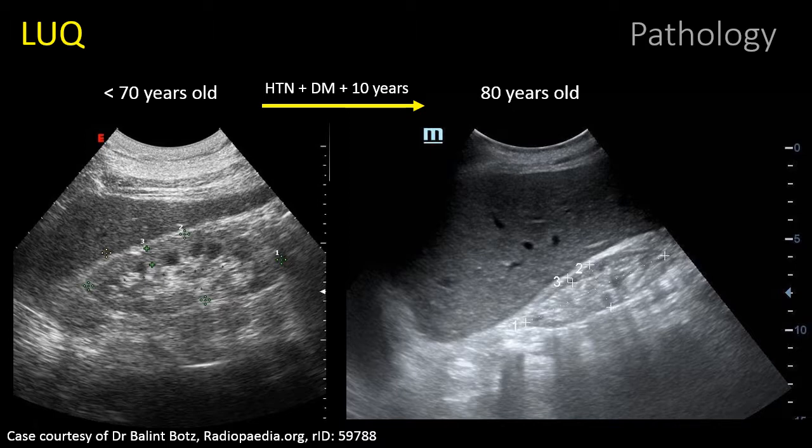The renal cortex is almost completely obliterated, and most of what's left there is just the fat that exists in the core of the kidney. And so this lady is on dialysis at the time of the image that was taken on the right there.